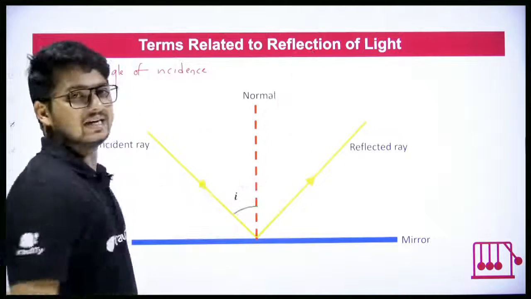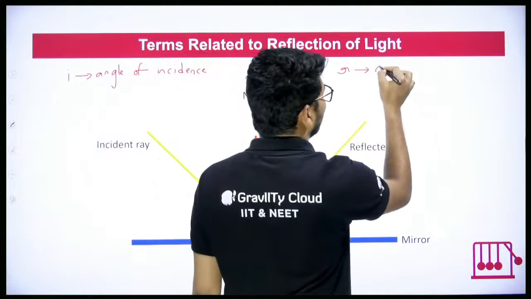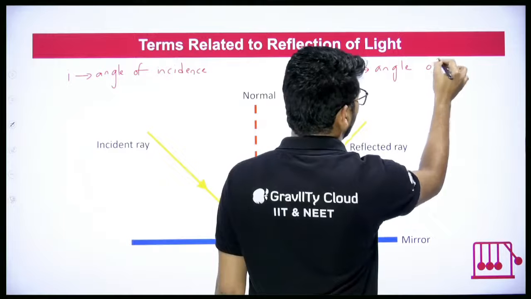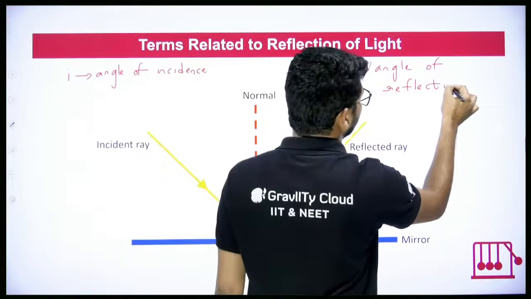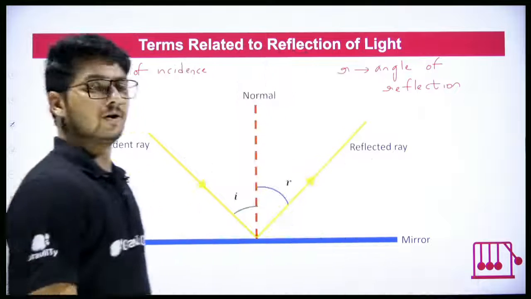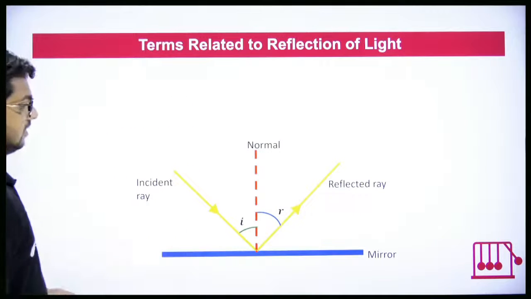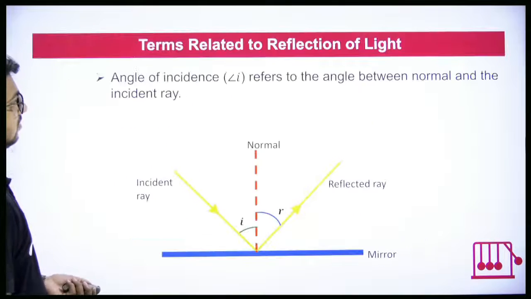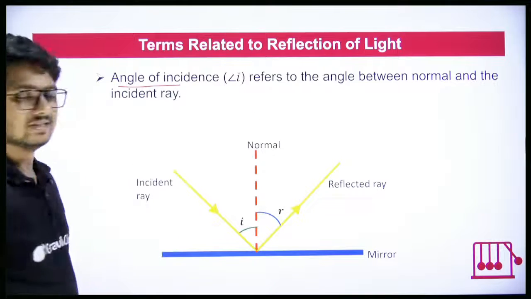Similarly, we have the reflected ray. And what is this angle? It is angle of reflection. Got it? Good. Now some terms. I think we have discussed that already. So here we are talking about angle of incidence.